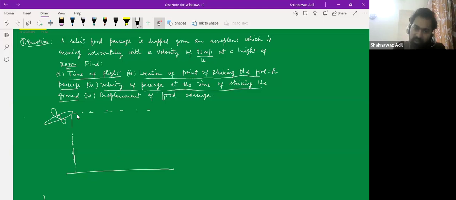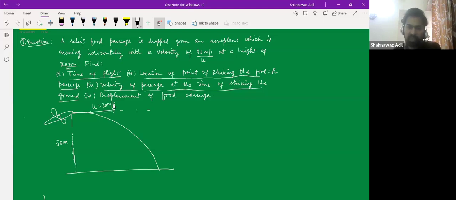Now this is moving with 30 meters per second, and this is at a height of 50 meters, and it drops a food packet. So this will move like this. This is a horizontal projection, and u is given, 30 meters per second.